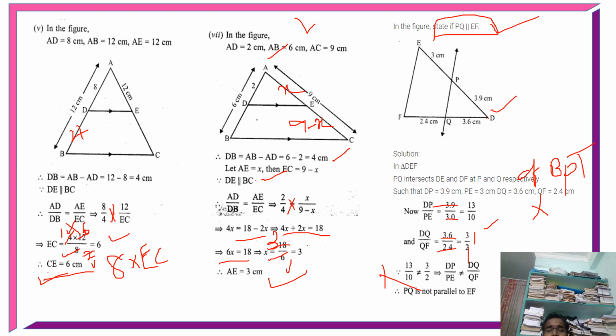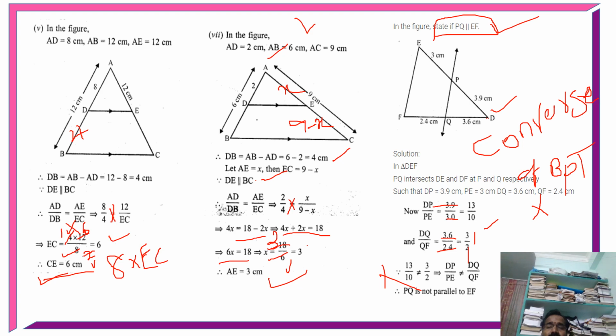If not, they are not parallel. So here the ratios are not equal, so by the converse of BPT, they are not parallel. What is the converse of BPT? The converse of BPT says that if a line segment divides two sides of a triangle proportionally, that line is parallel to the third side. But here these ratios are not equal, not proportional, so they are not parallel.